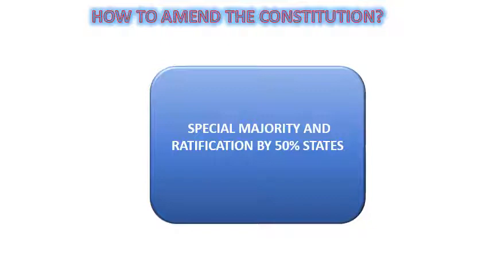Now, those states will discuss in their respective legislature whether they approve the amendment or they reject the amendment. As soon as inputs from first 15 states come in, it is assumed by the parliament that whether states have agreed to the proposed amendment or have rejected the proposed amendment.